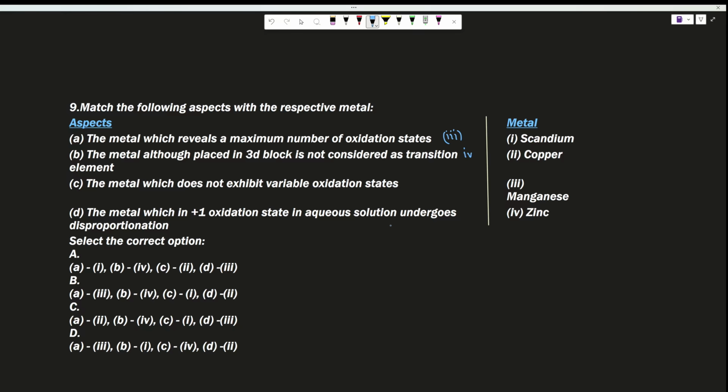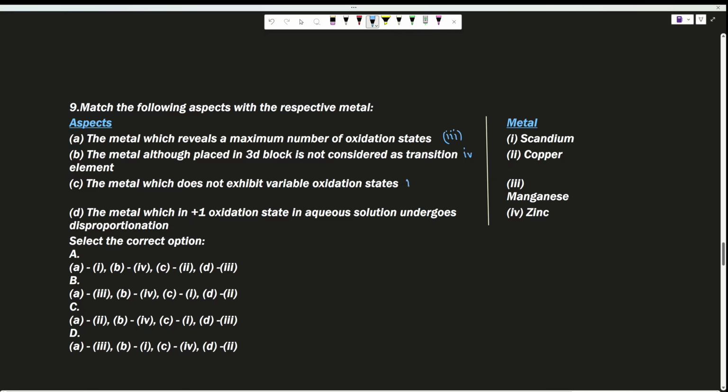You know that d block elements exhibit variable oxidation states, but scandium has only one oxidation state, that is +3. So it does not exhibit variable oxidation states. That means 1 for this.